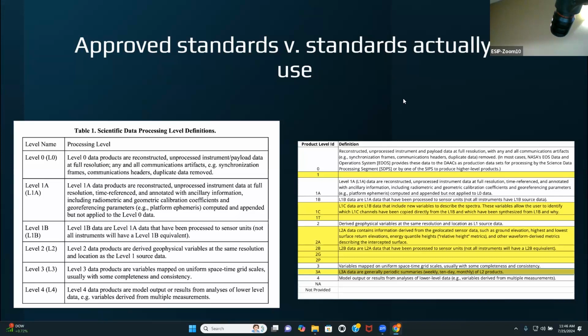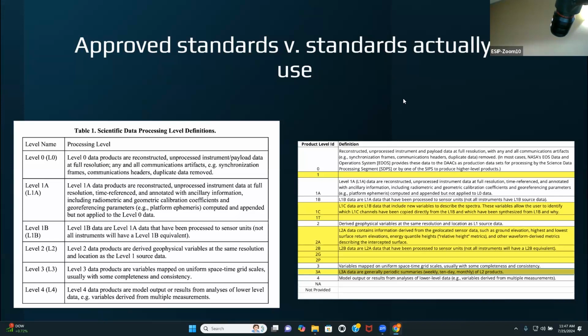It is top of atmosphere, right? So that's how it is. Level 1A is instrument data, level 1B is the calibrated top of atmosphere reflectance, at the sensor measurement.